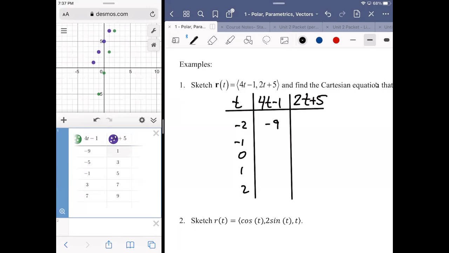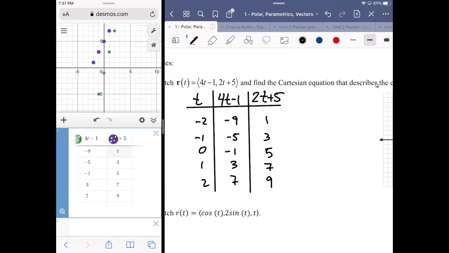So -9, -5, -1, 3, and 7. Computing it in your head wouldn't have been even remotely difficult, but I just wanted to show you this technique so that when they get a little spicier in the next example, you'll see that there's an opportunity for you to use the technology.